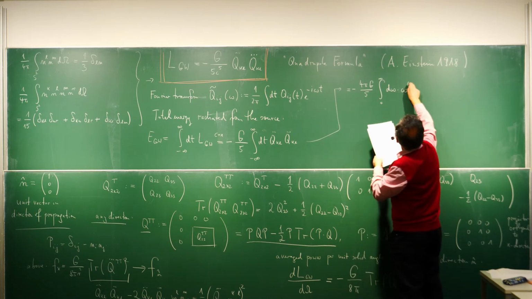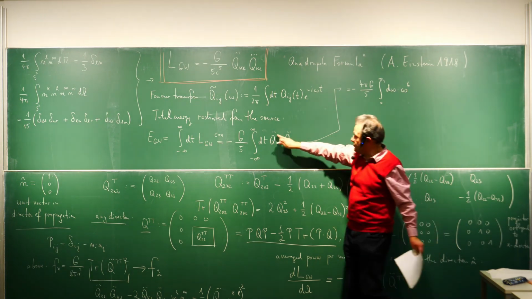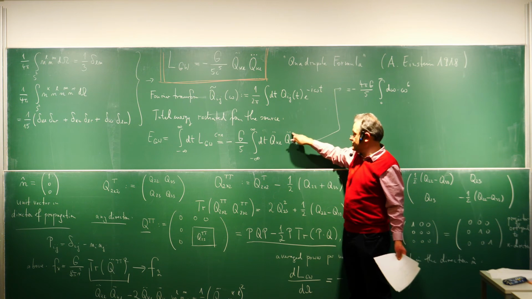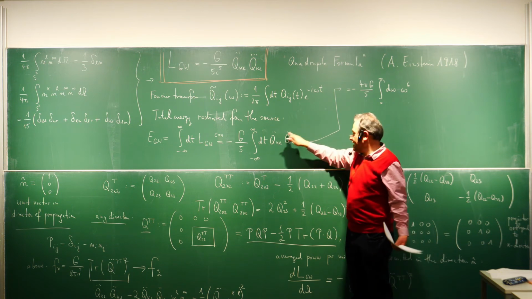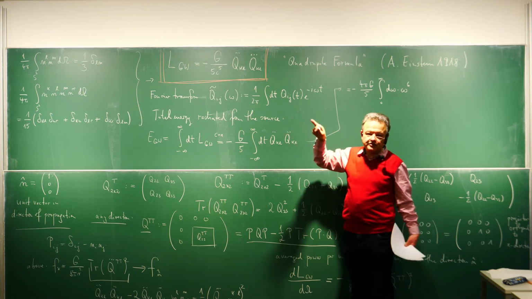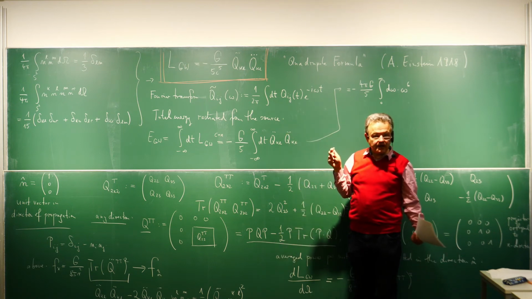and then we have the integral from 0 to infinity d omega. Then we have omega to the 6. It's clear that you have an omega to the 6 because you have 3 time derivatives twice. So this gives you 6 time derivatives, and in Fourier space this gives you a power of 6 in omega.